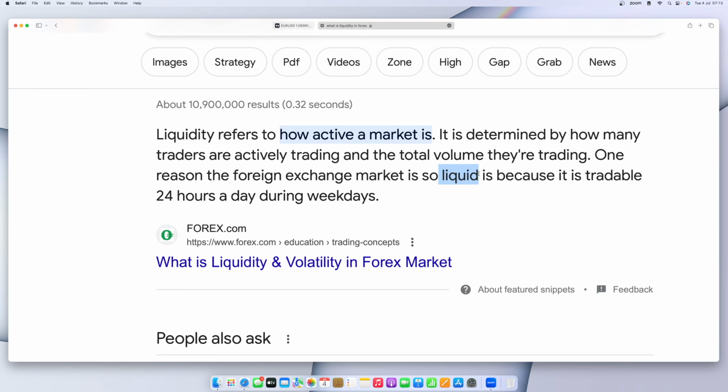Water is liquid, and then we have solid, like stones. So they say the foreign exchange market is so liquid because it is tradable 24 hours a day. And from the beginning, liquidity refers to how active a market is. So if a lot of people are actively buying and selling, we can say the Forex market is liquid.